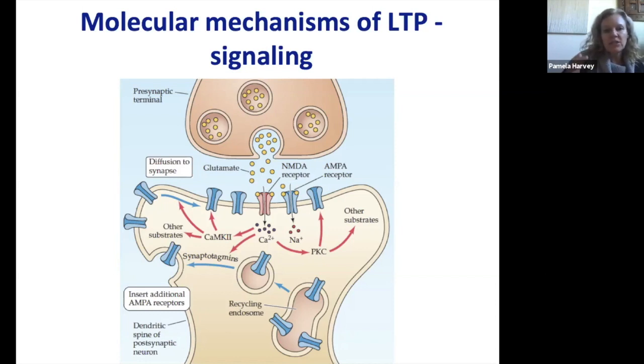That's really just a transient effect, because remember, LTD removes the AMPA receptors, so it can be reversed pretty quickly. And likewise, PKC can also affect different channels or receptors that will influence the depolarization of the postsynaptic membrane.